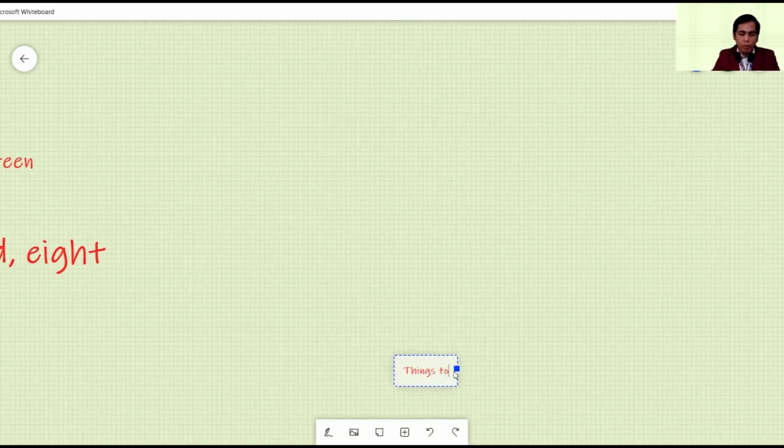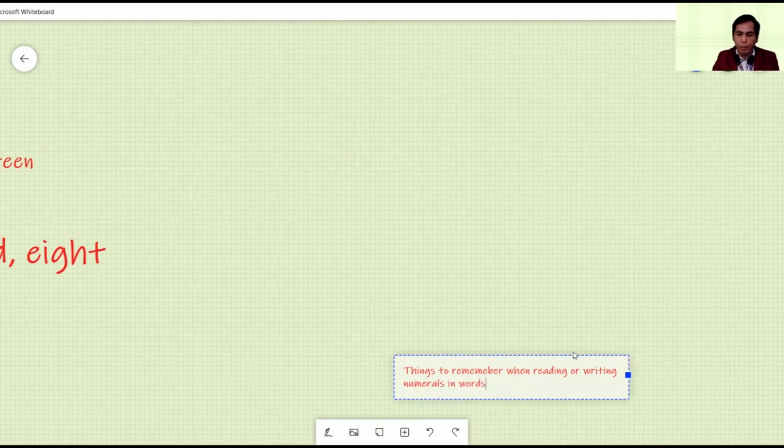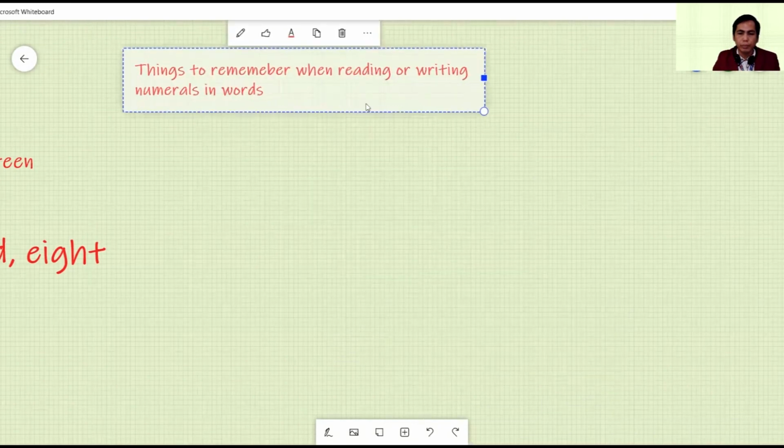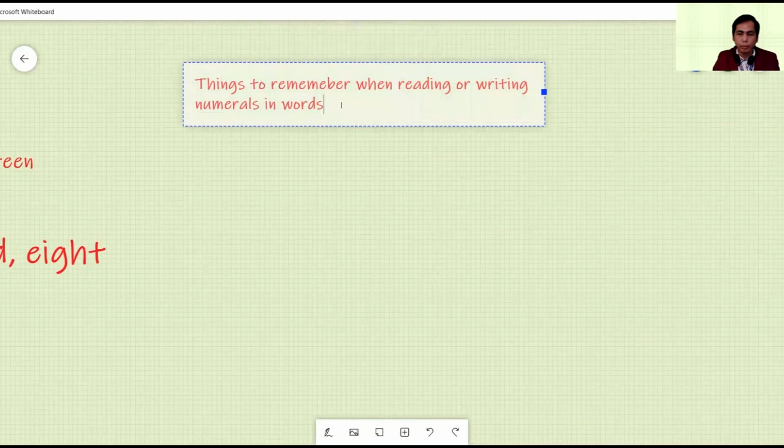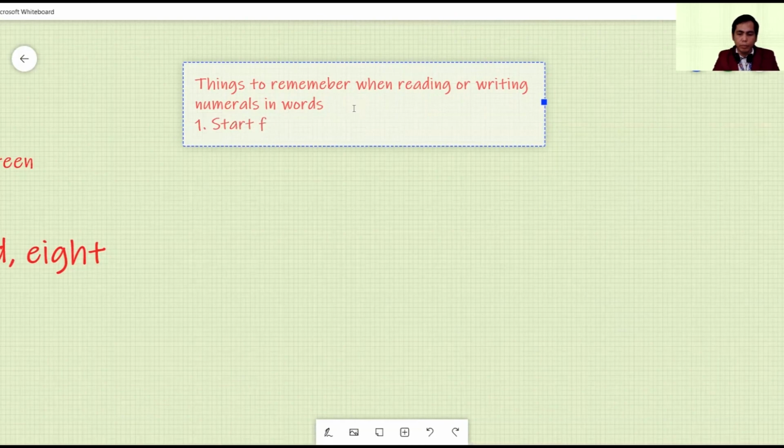So things to remember when reading or writing numerals in words. So always start from left to right.